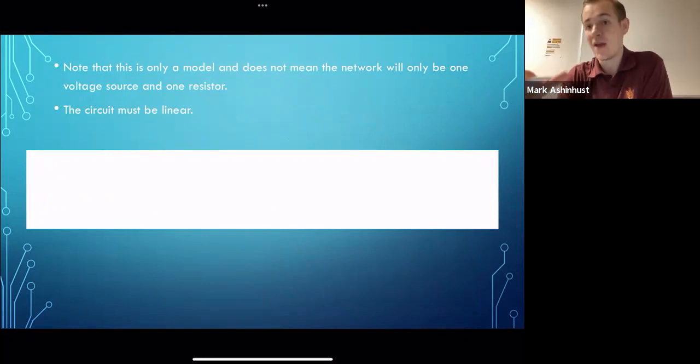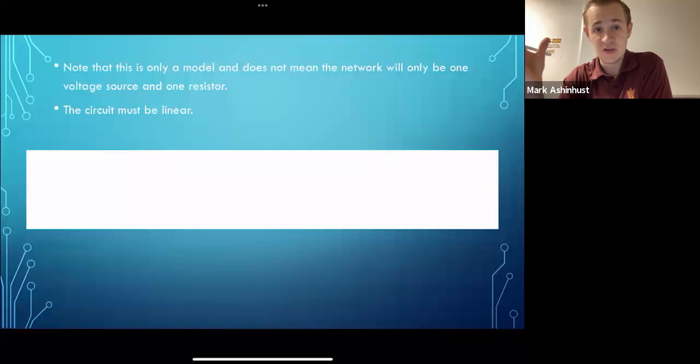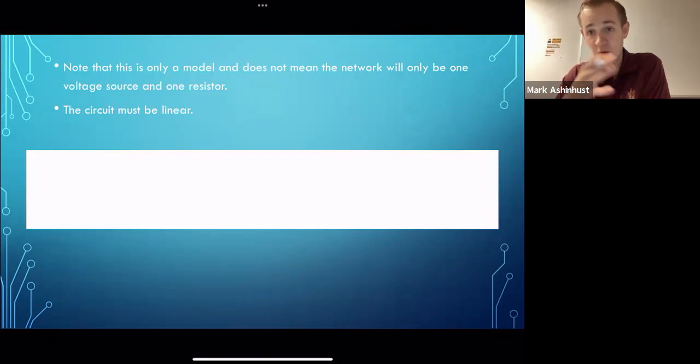It's just a model, a second-hand drawing of the network. The network's still there, still a bunch of different things, but we're modeling it with a voltage source and a resistor. And number two, the circuit must be linear.